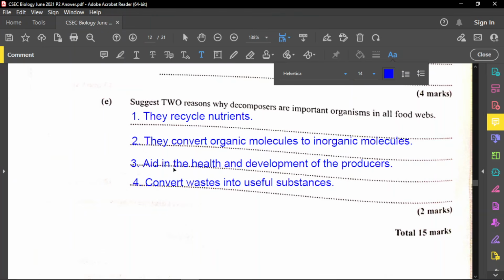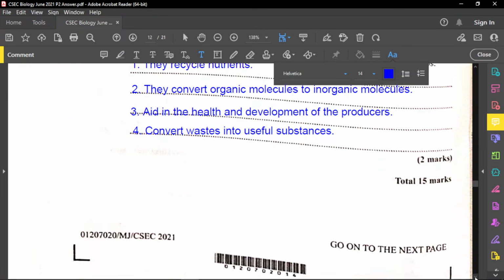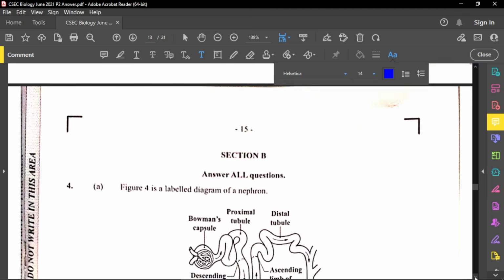And also they aid in the health and development of the producers, again, because they supply nutrients to the producers. And also they help to convert waste into useful substances. And all of these will directly contribute to the producers. And once you have more producers, healthier producers that can produce more food and energy, then hence you'd have a healthier ecosystem as well, and even a more diverse ecosystem.